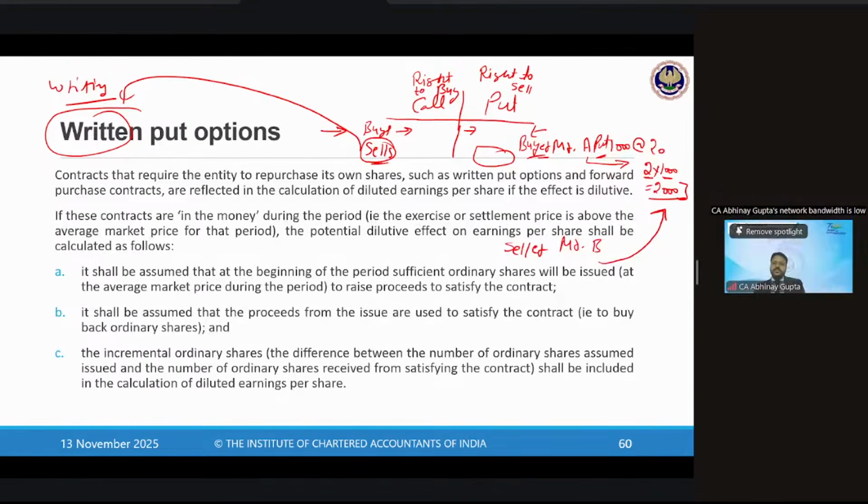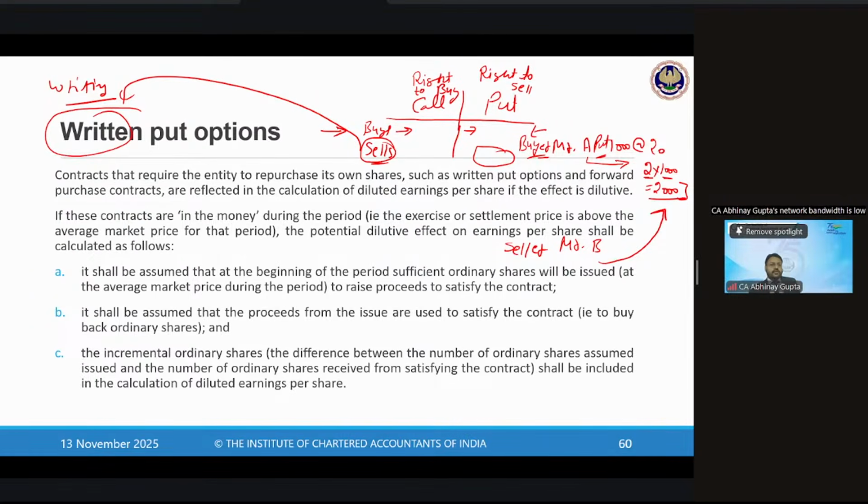So this is how the right to buy, the call, and the right to sell, the put, and the obligation to sell and obligation to buy, meaning writing the call or writing the put, actually play in the real world.